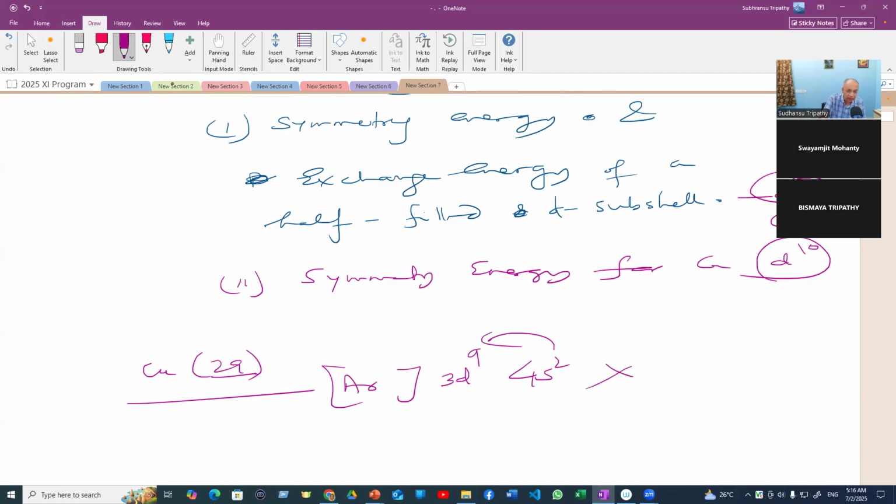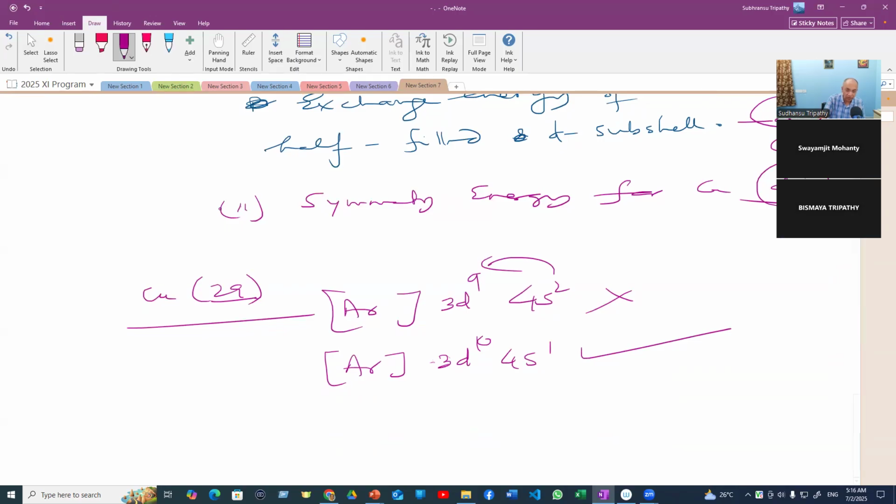So one electron will come. So the actual configuration which you will write henceforth is 3d10 4s1. This is the correct configuration, and here there is only one unpaired electron, and that is in the 4s orbital.